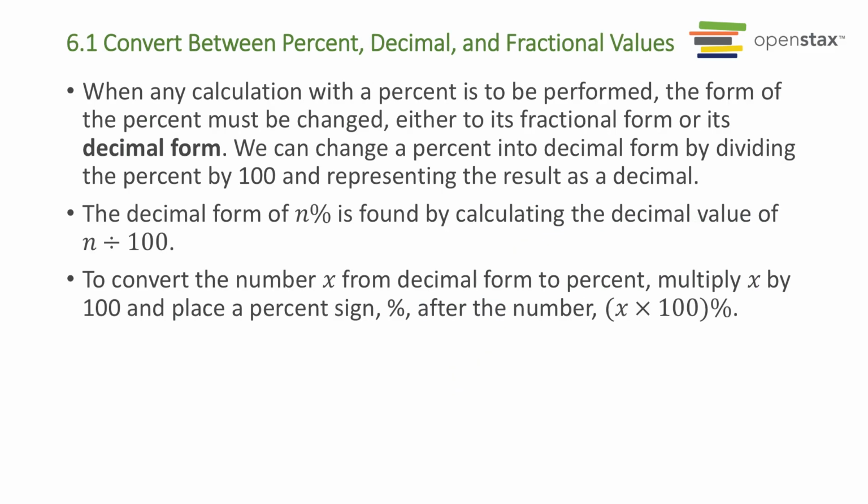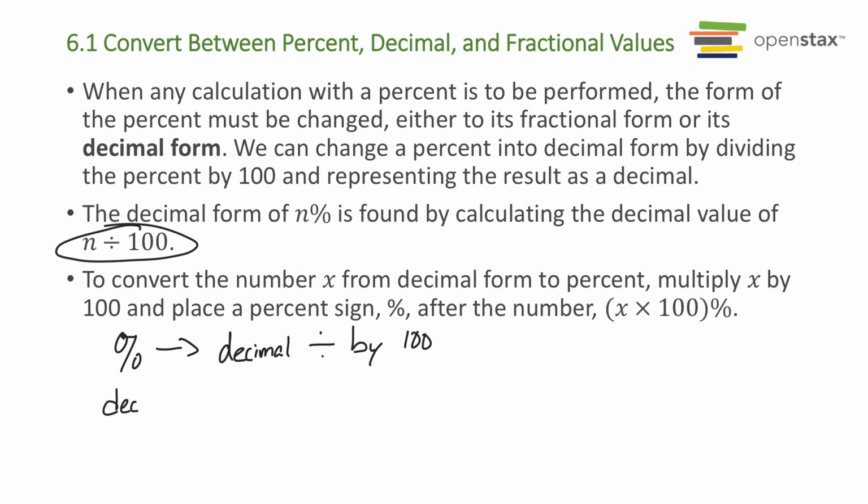When any calculation with a percent is to be performed, the form of the percent must be changed. You can't necessarily do a calculation using the percent form. You have to convert it to a decimal. To convert to a decimal, we divide the percent by 100. So to go from percent to decimal, we divide by 100, and then to go from decimal to percent, we multiply by 100.